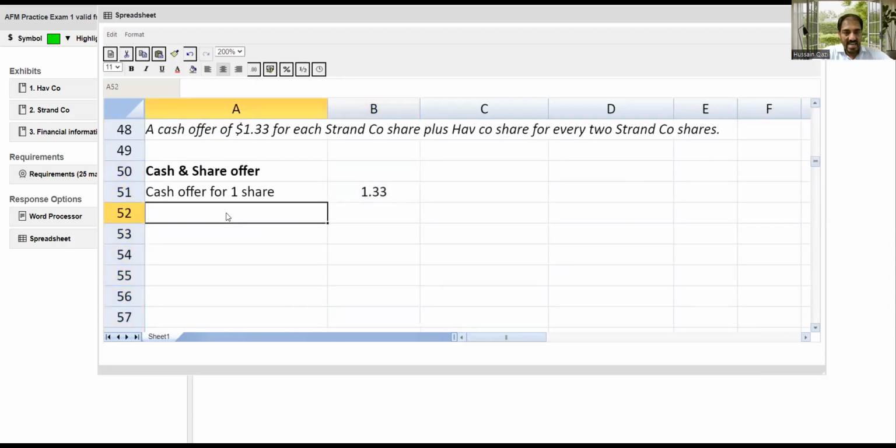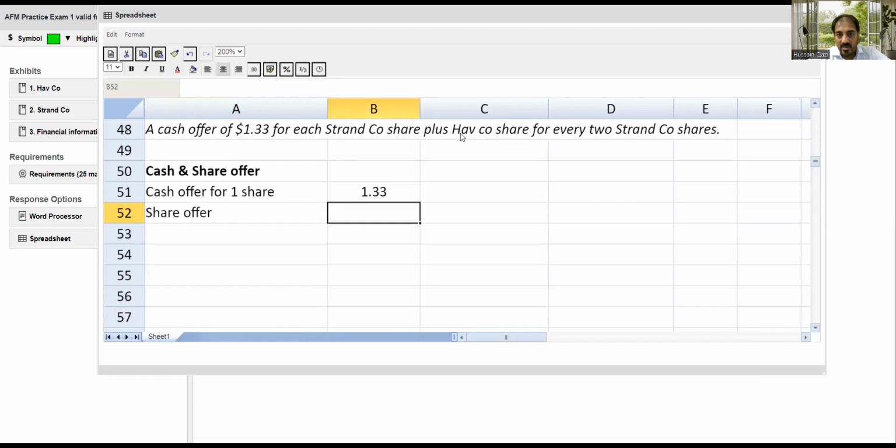Okay. And what is the share offer? Try to understand. Share offer as mentioned above, that is plus Have company share, that means Have company one share, of Have for two Strand company shares.